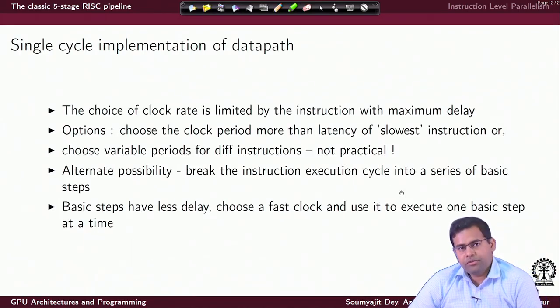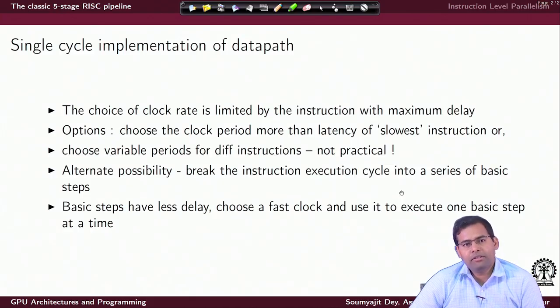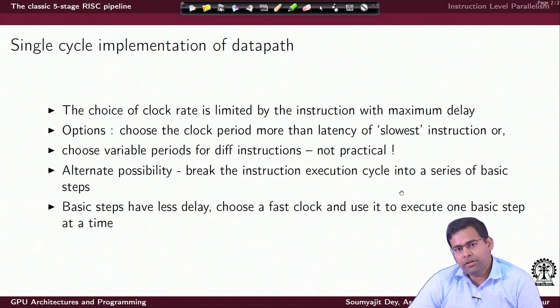Now, when I have implemented such a data path in hardware, this is a digital data path, and it needs to be clocked by a suitable clock signal, so I have to choose a suitable frequency or period of the clock. As is standard in any digital design, the clock period is chosen by looking at the critical path of the circuit, that is, the situation in which the data path or this specific digital circuit will incur the maximum delay.